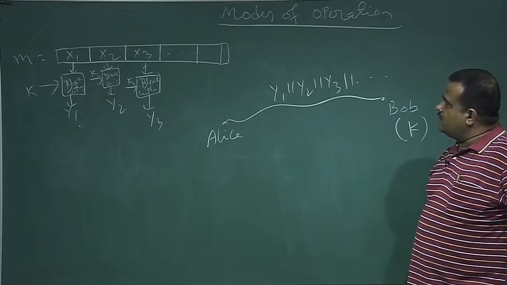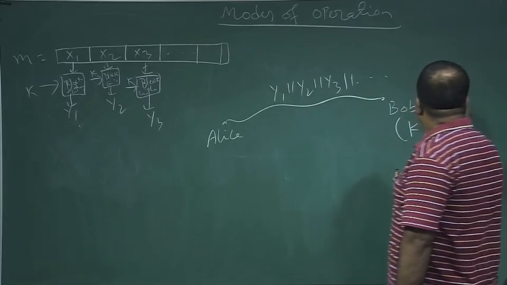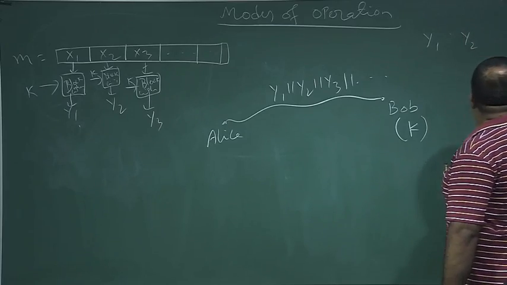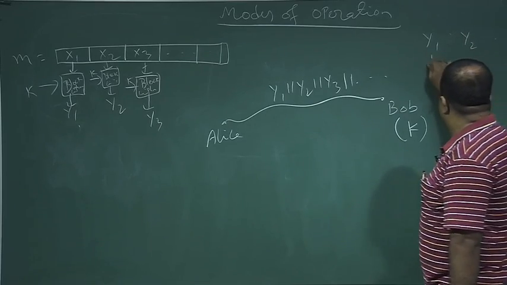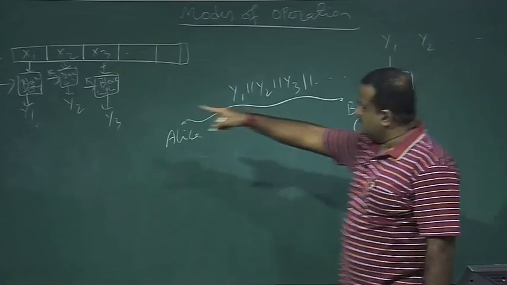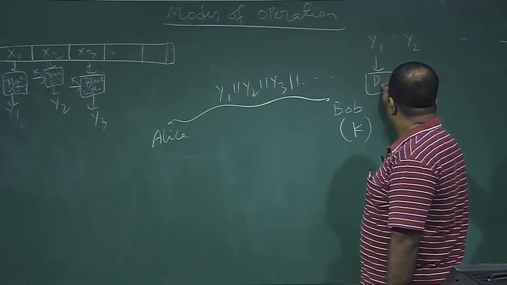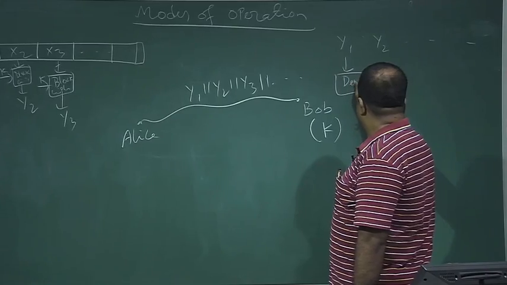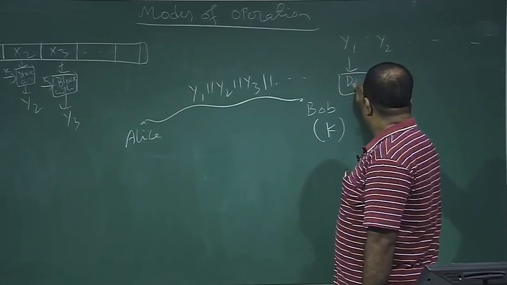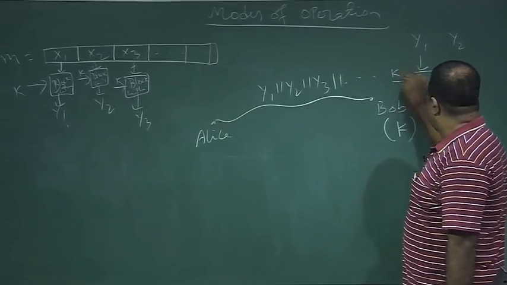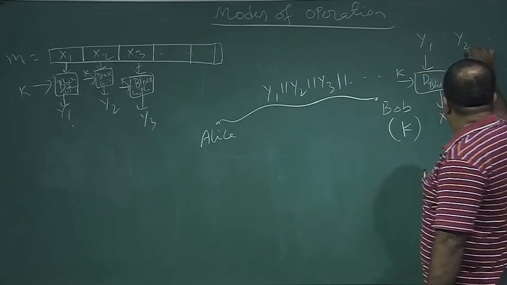So, what will Bob do? How can Bob decrypt it? Bob has this y1, y2 like this. Bob will do the decryption of the block cipher using the same key, and Bob will get back x1.